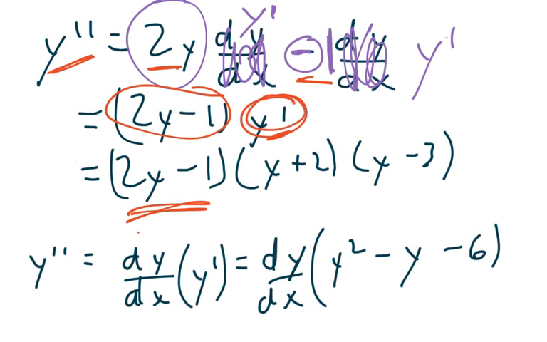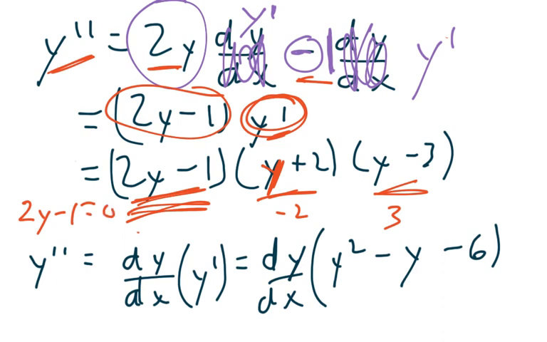Our y prime again is y plus 2, y minus 3, right? When does that equal 0? Well, we already know -2 and 3. We already got those taken care of, right? But this could also now equal 0. So what's 2y minus 1 equal to 0? 2y is 1. That means y is 1/2.